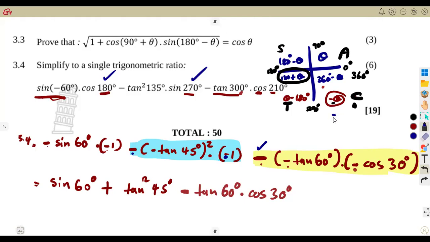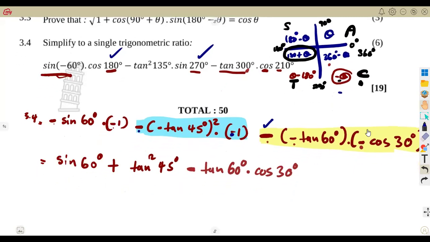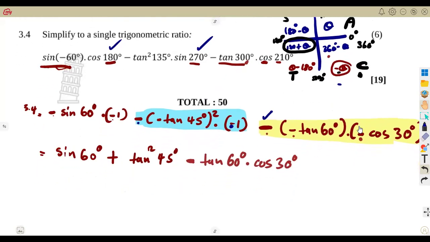So it's going to be negative tan 60, which is okay. All right, take note, there we have got a product of these two. So we are going to have a negative tan on its own, then the cos on its own. So this one is negative, guys. This one is just going to be negative.